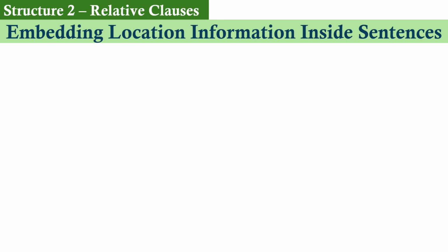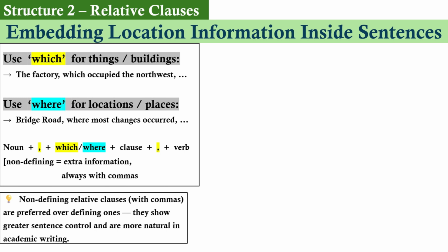The second structure is the relative clause. Let me explain this in plain terms first. A relative clause is simply extra information that you add to a noun, connected by words such as which, who, or where. One feature that often separates stronger IELTS responses from weaker ones is the ability to combine information efficiently.